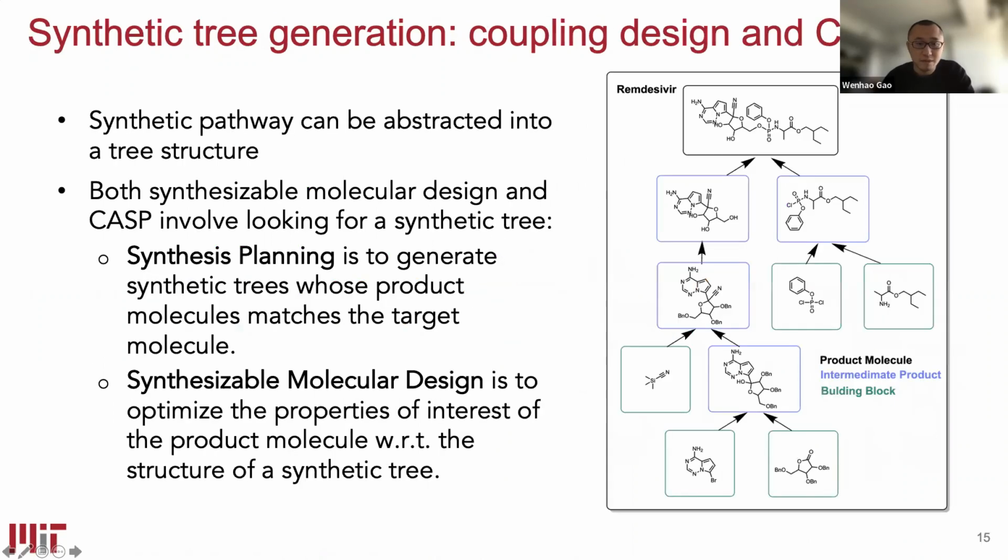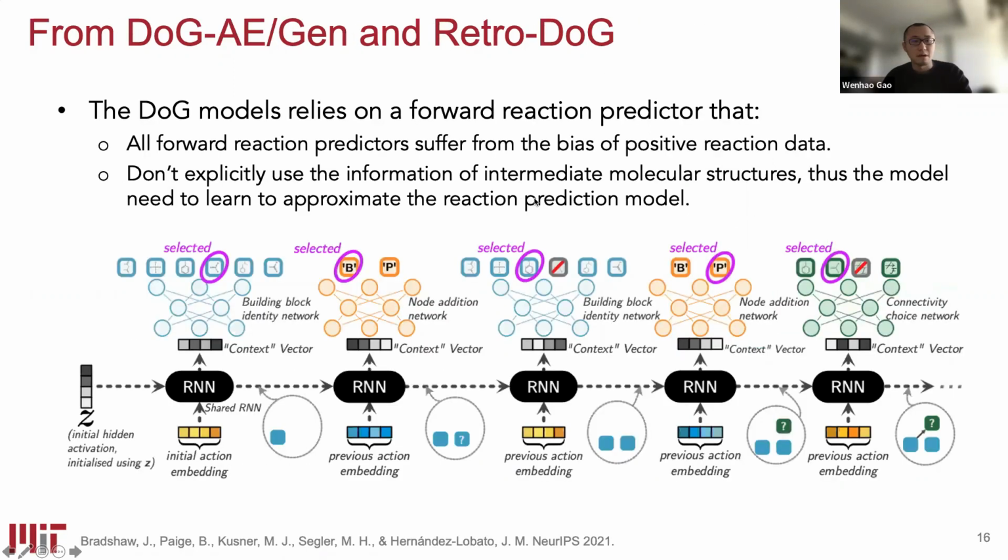By convergent, I mean, like I'm showing here, two sub-branches can join together. So we will discuss DoG here.